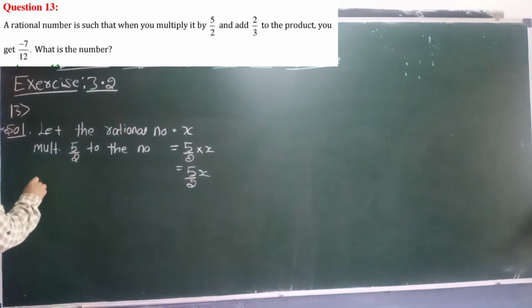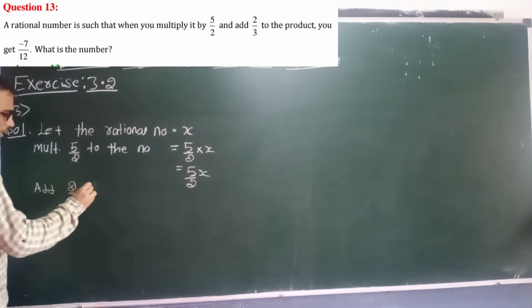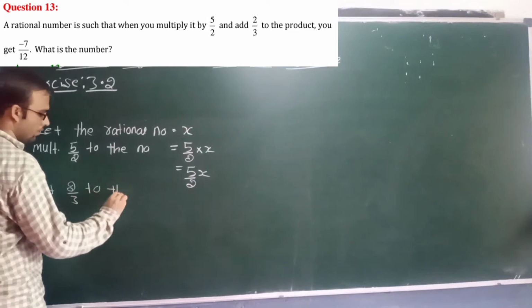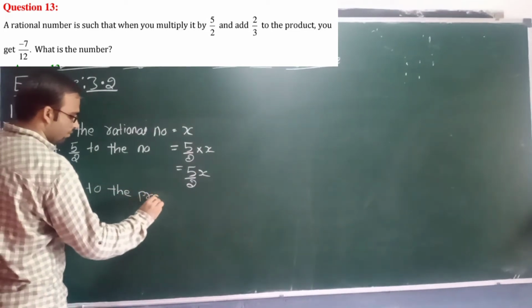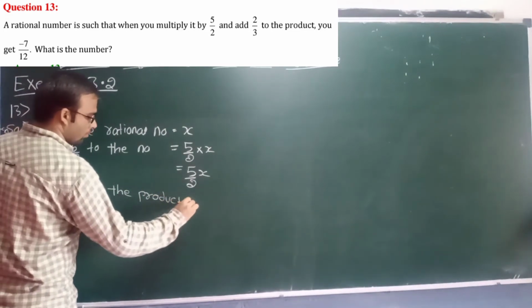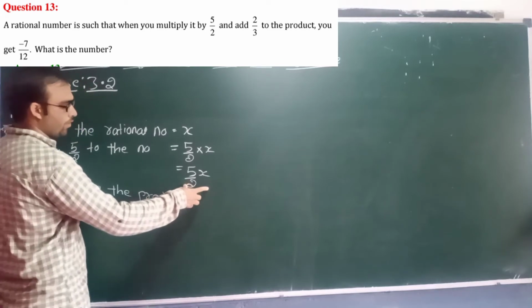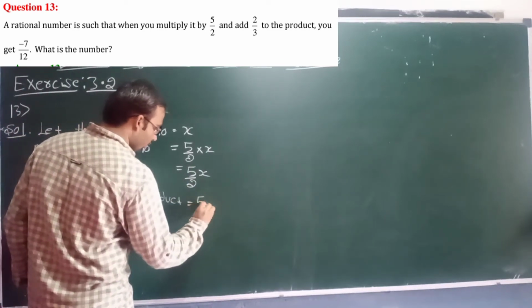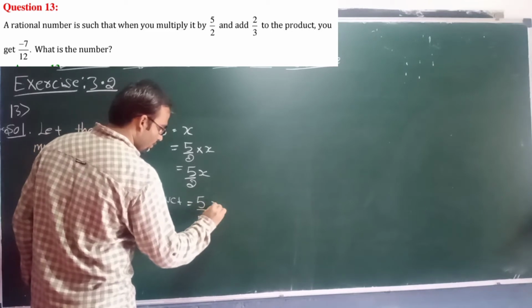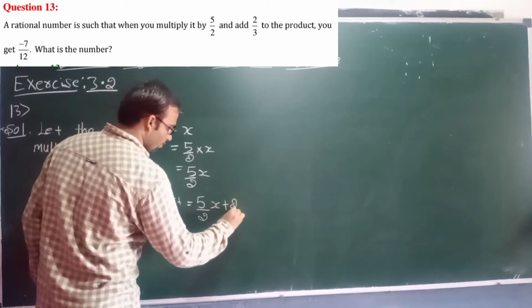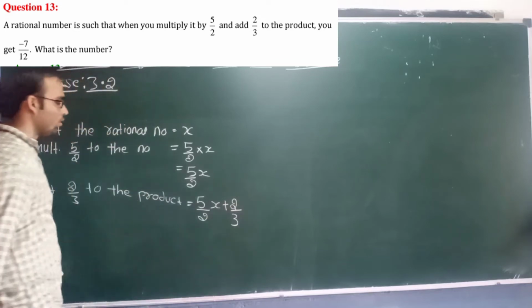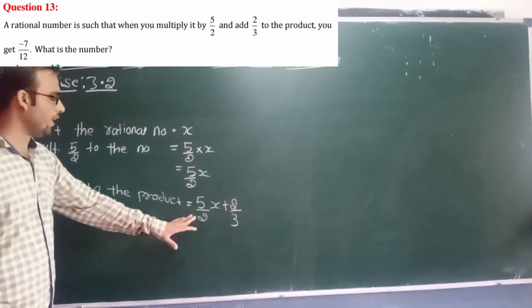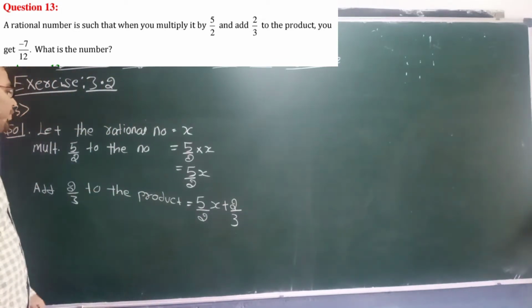Okay, add 2 by 3 to the product. So this is a product now. So we need to add 2 by 3 to this product. Okay. So we have added 2 by 3 to this product, that is 5 by 2x.